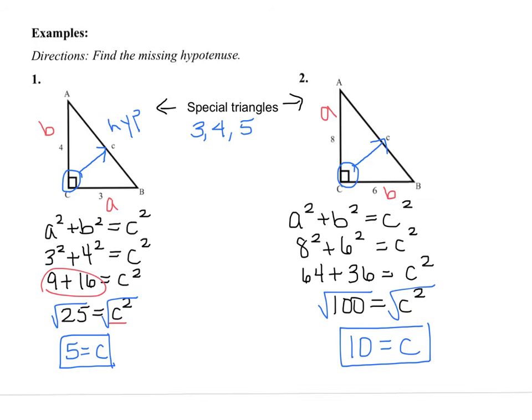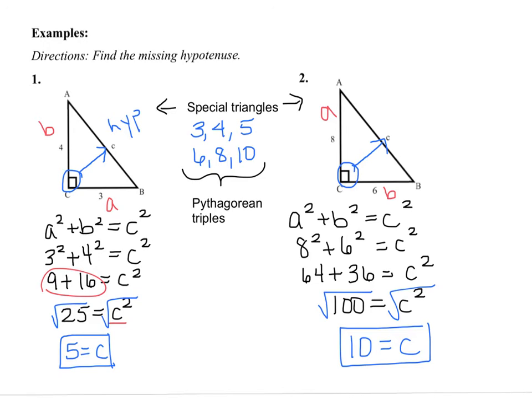And the Pythagorean triple in number 2 is 6, 8, and 10. These are sets that you should know, and they make it much easier for you to answer these types of problems. And we will discuss more about Pythagorean triples in class.